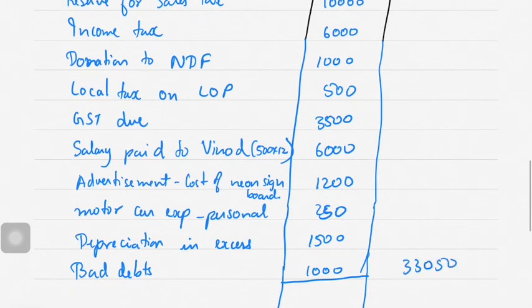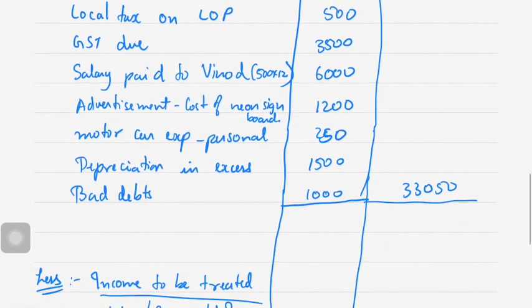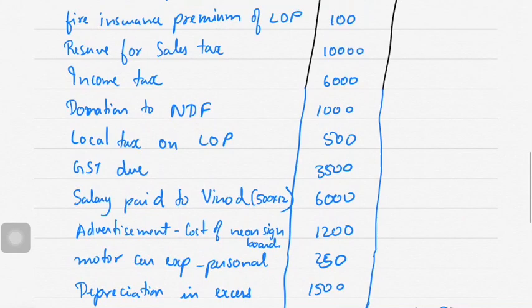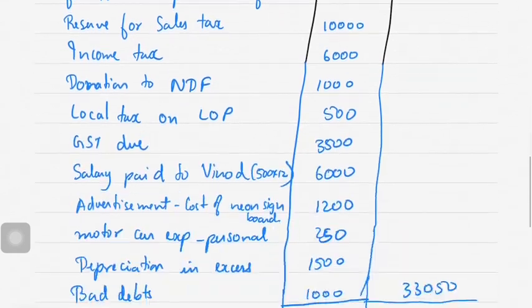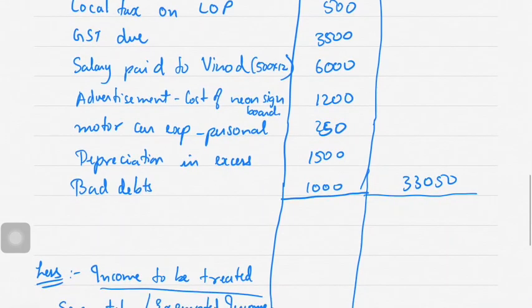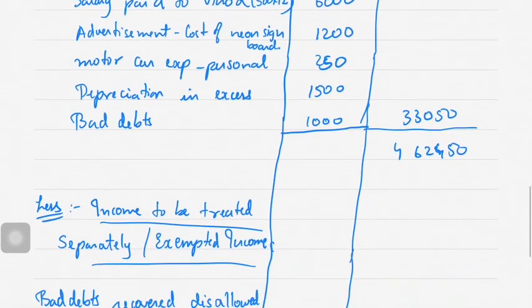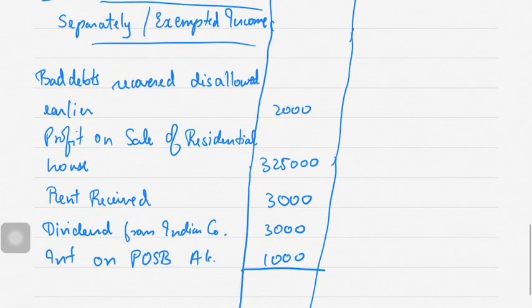So this comes to 33050. Okay, add it. 4,29,400 plus 33050 comes to 462,450.